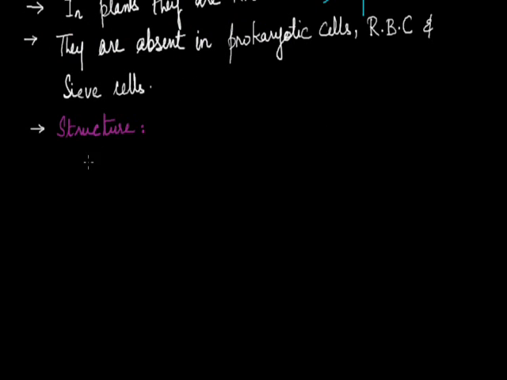Structurally, the Golgi complex is made up of numerous flat sac-like structures which are called cisternae. And these cisternae are arranged in a stack one above the other. So we can say they are made up of flat sac-like structures.